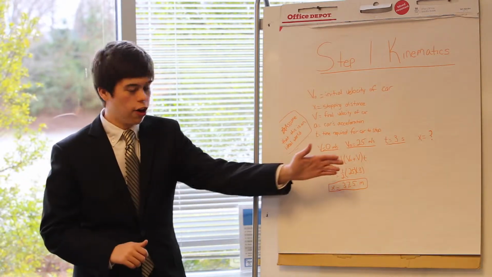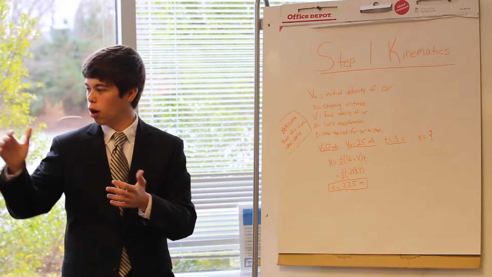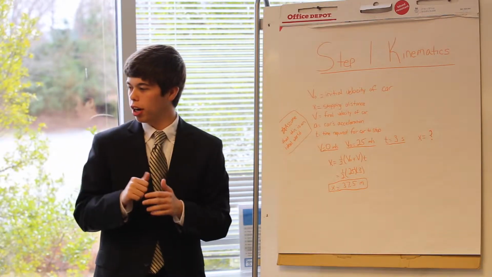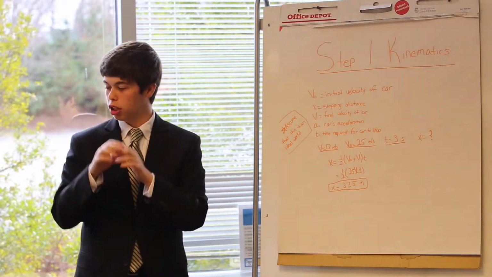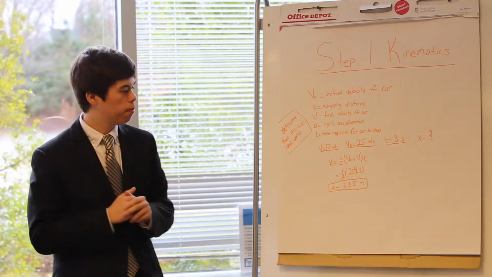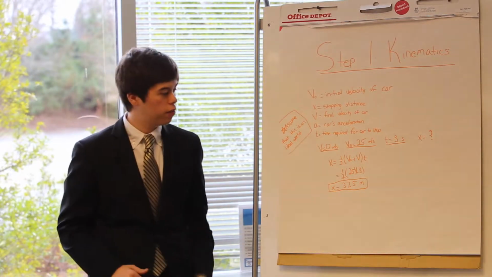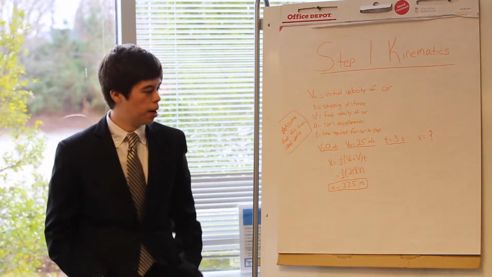In which case, we need to figure out how much space we need to leave between us and our subject so we can hit the brakes and come to rest just before we hit our subject. So, as you can tell, we have this equation, x equals 1/2 times the sum of the velocities times the time.